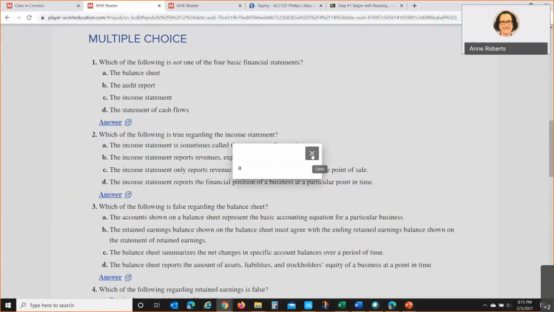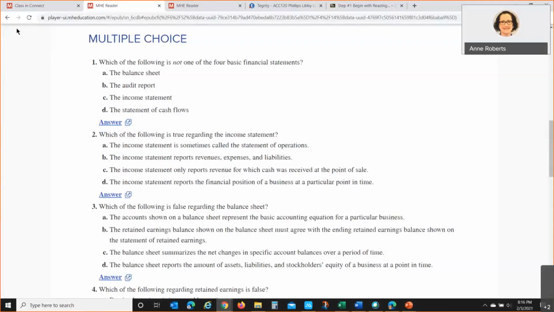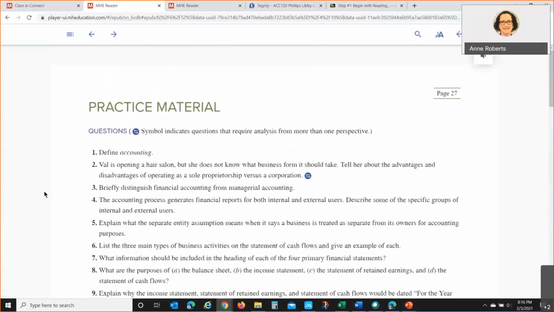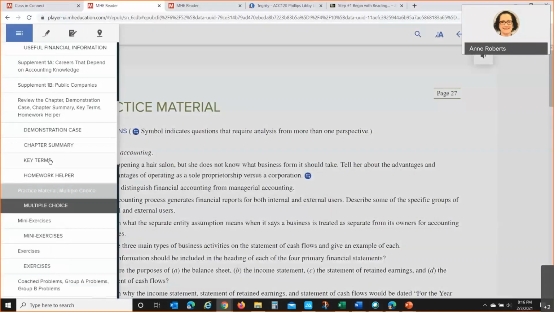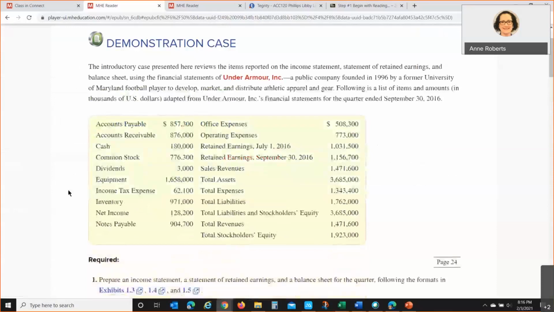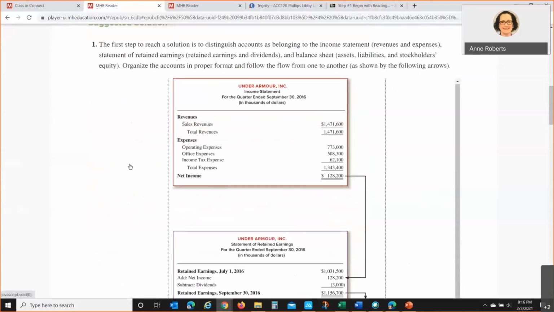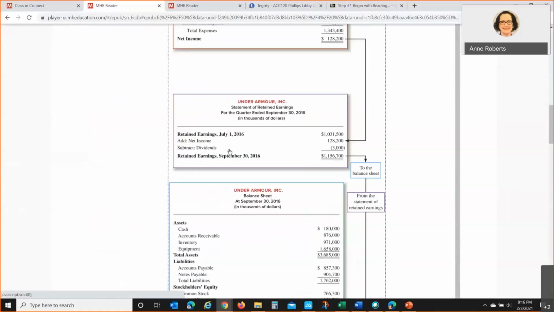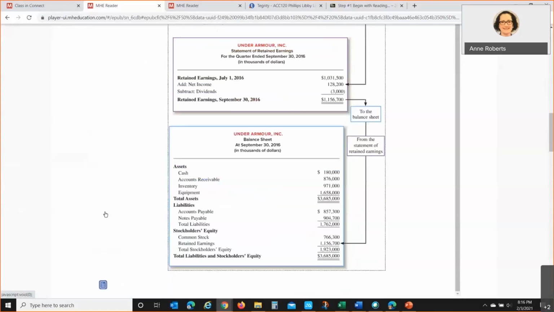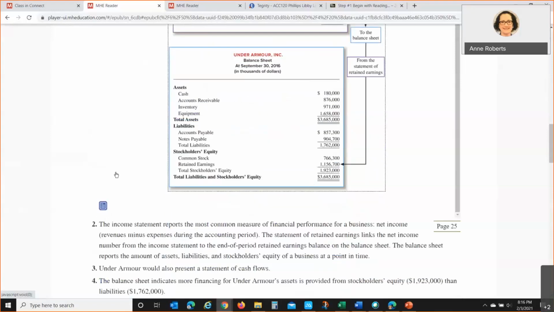So that might be something good to review last. But that demonstration case is really good, because it shows you this is the data that you're starting from. Prepare an income statement. There's your income statement, there's your retained earnings statement. I mean, it gives you the answer. Here's your balance sheet, here's how it flows through.